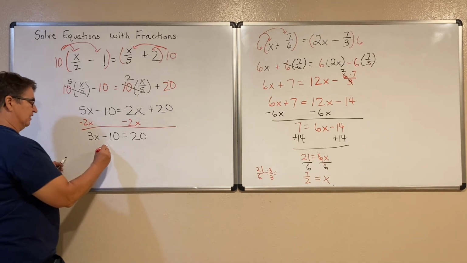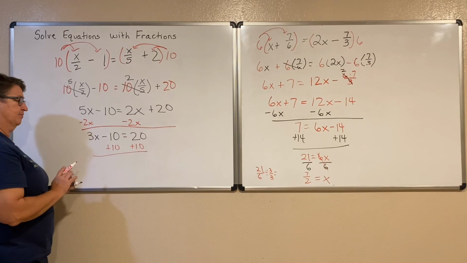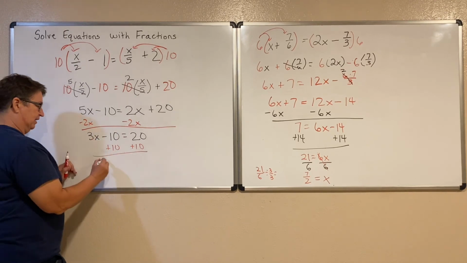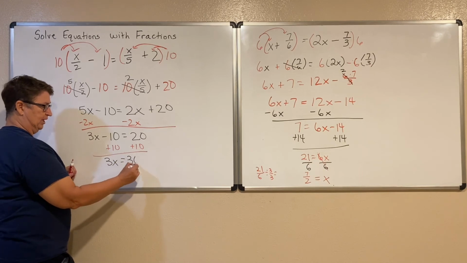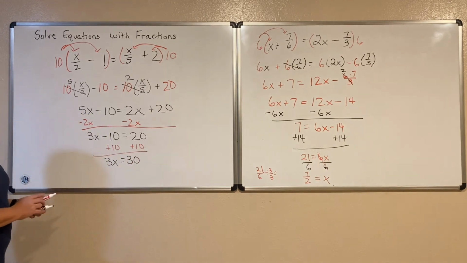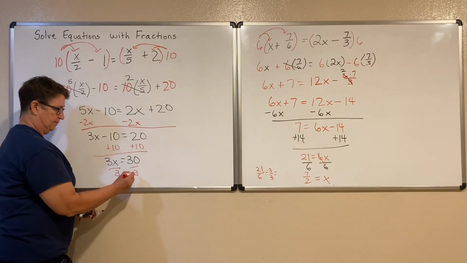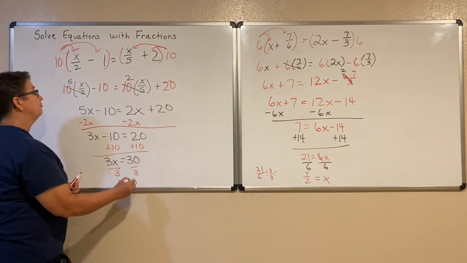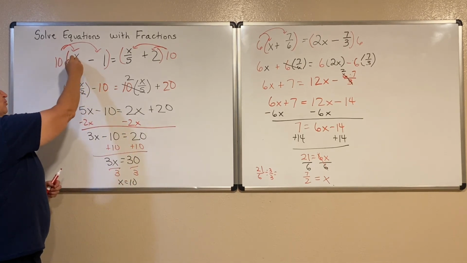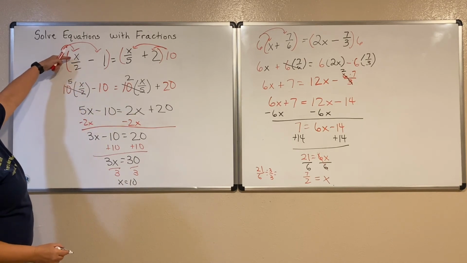Add 10 to both sides, so that I end up with 3x plus 0, which is just 3x, equals 30. Divide both sides by 3, and x equals 10. So 10 would be the number I could put in here for x. That would make both sides of the equation true.